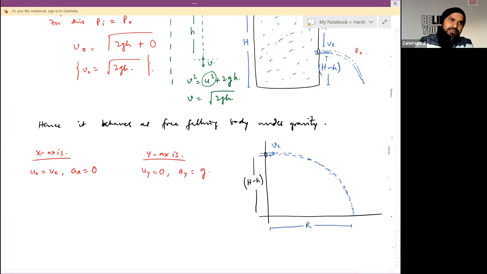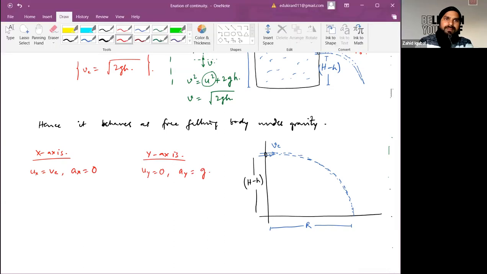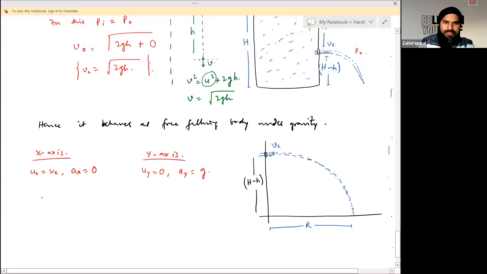So we have to calculate displacement along x-axis and y-axis. Using second equation of motion, S equals ut plus half at square. Since a is 0, so x will be the velocity of efflux multiplied by time taken.